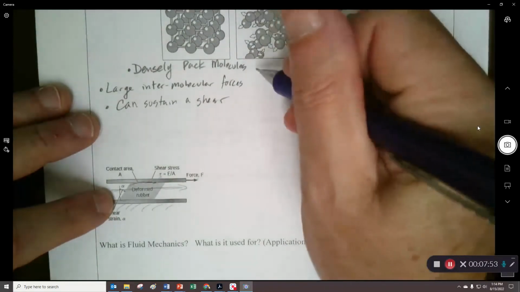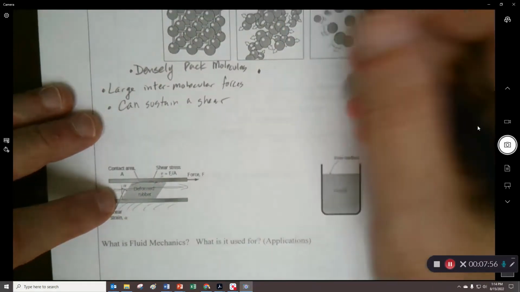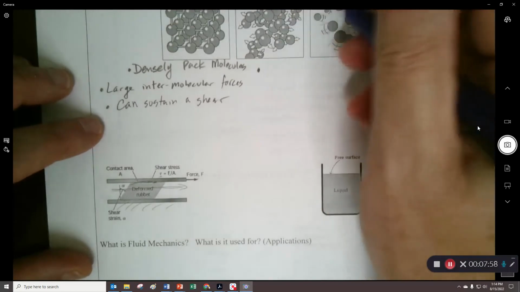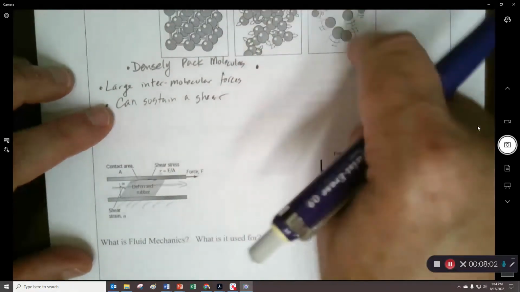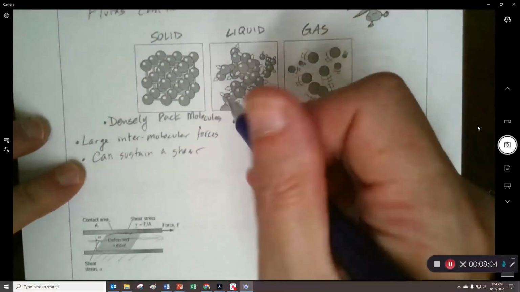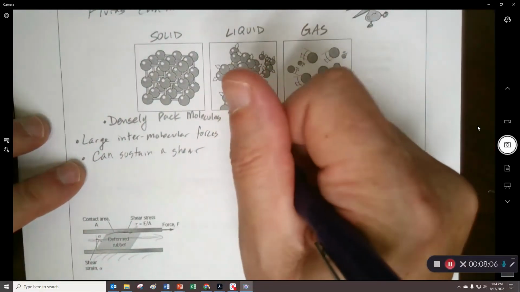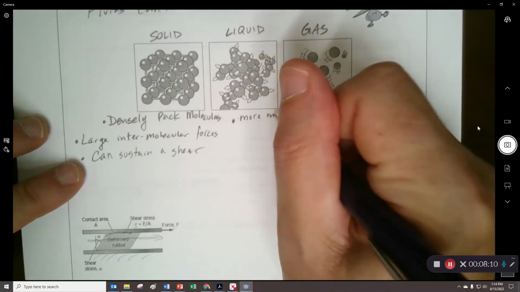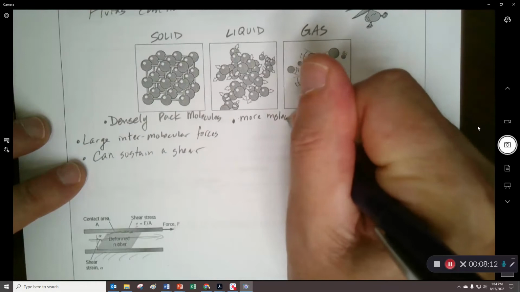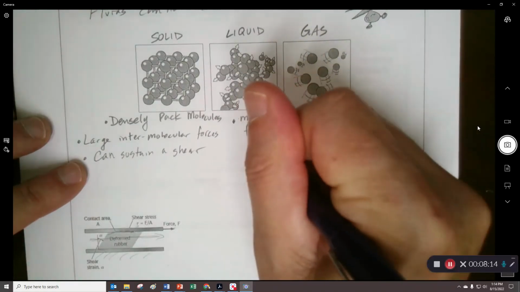Now I don't have enough room to write here with the liquids. Let's look at what a liquid is. So now we can also compare the liquids and gases to each other. We have more molecular space, or molecular freedom. Let's go down here.